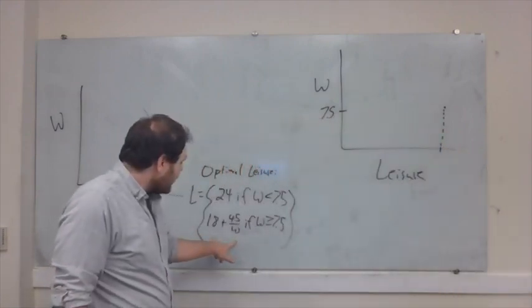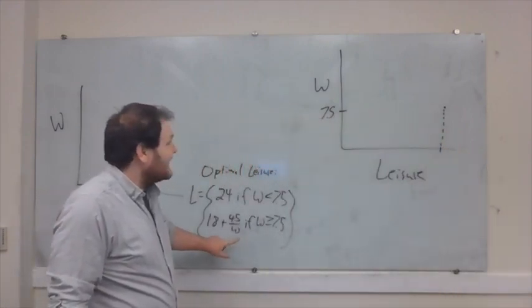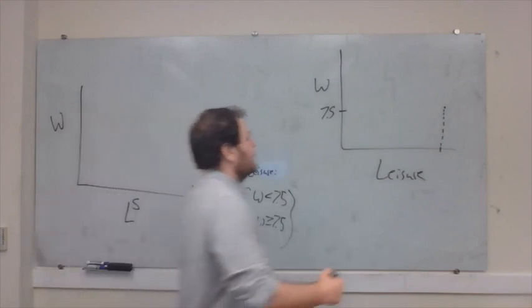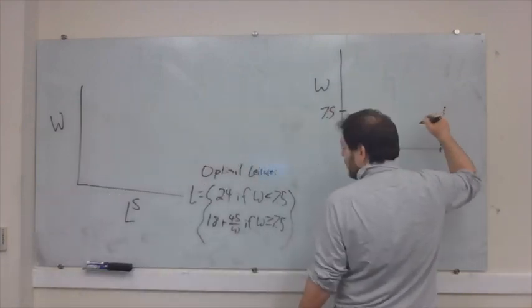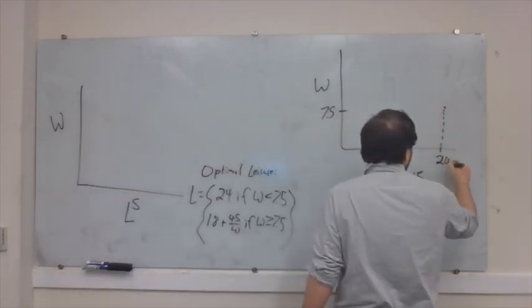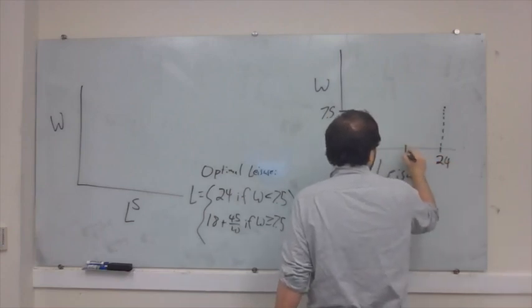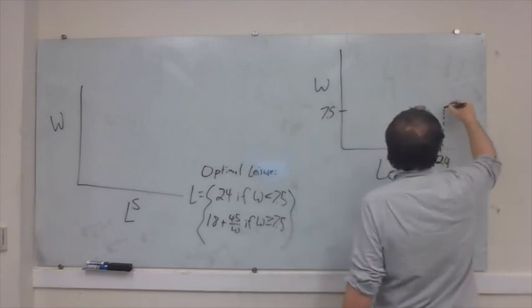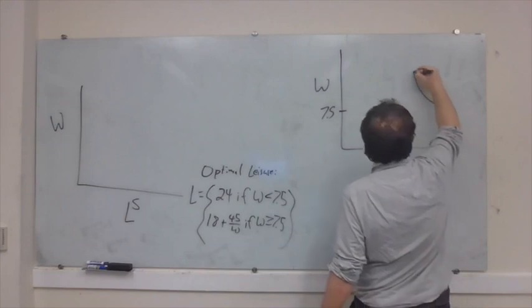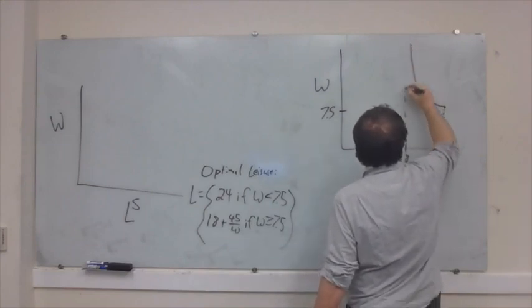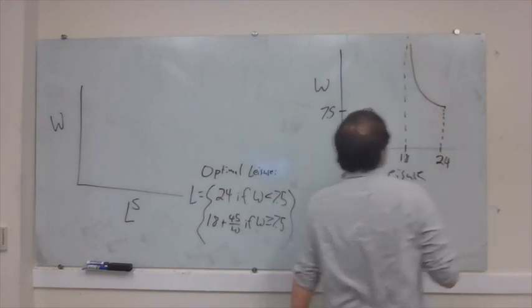As our wage increases, we're going to spend less and less and less time in leisure. But we're never going to spend less than 18 hours engaged in leisure. So we're going to have an optimal choice of leisure that looks something like this.